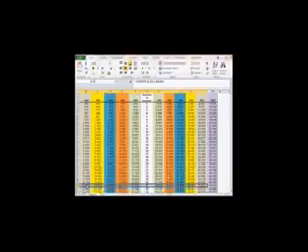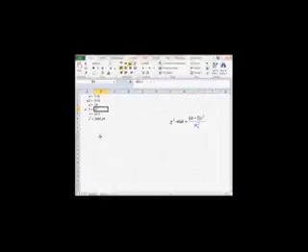So my lower critical value is 12.879. My upper critical value is 46.963. I'm going to copy those values and paste them in my Excel worksheet for this problem. So this right here is my lower critical value, and this is my upper critical value.